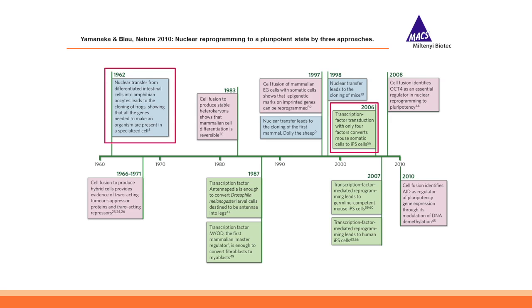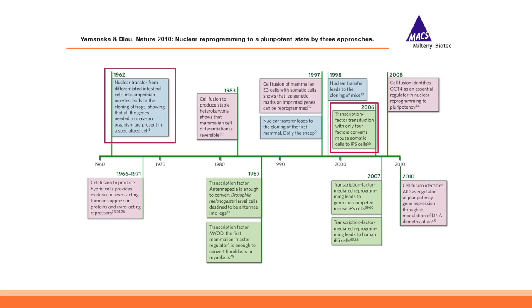Here I want to introduce a timeline of the most important publications about reprogramming, and I just want to highlight two of them. The first evidence that reprogramming of somatic cells is possible was provided in 1962 by John Gurdon, who cloned frogs by transferring the nuclei of differentiated intestinal cells into amphibian oocytes.